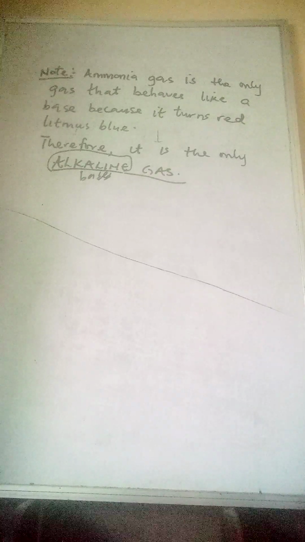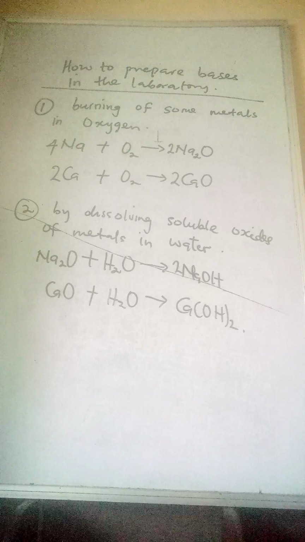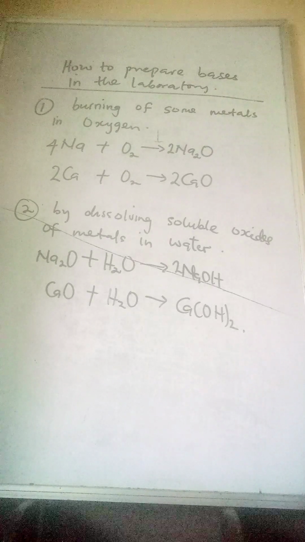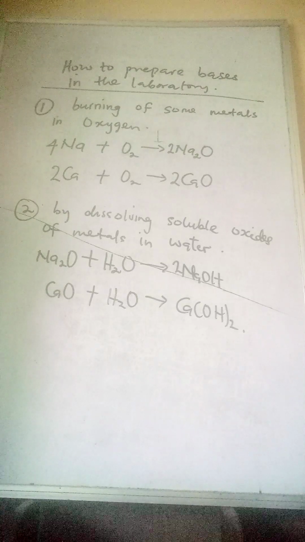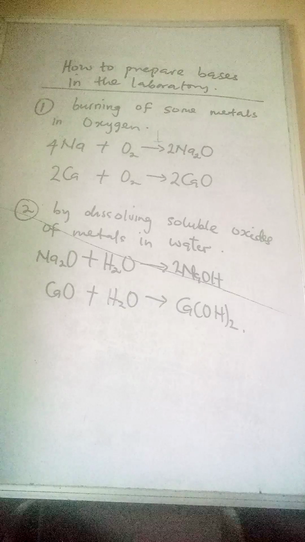Thank you. So the final stage now is how to prepare bases in the laboratory. Okay, we can prepare bases, one, through burning of some metals in oxygen. If we burn sodium in oxygen or air, it gives sodium oxide.